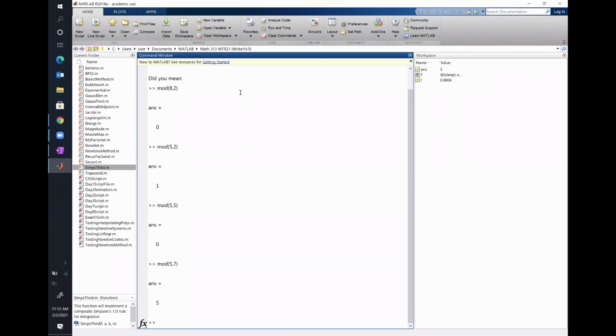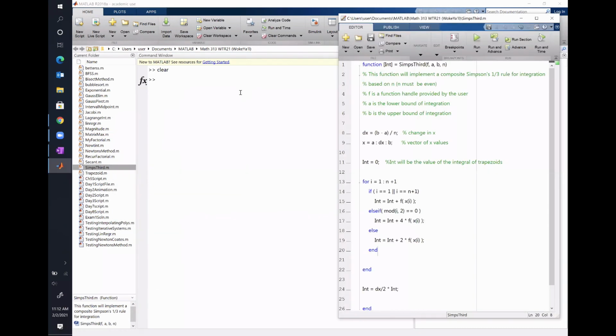The first number is the number you're dividing by the second number. So modulo means take the remainder of the first number divided by the second number. So if I'm dividing I by 2 and I get a remainder of 0, that means I've got an even number.